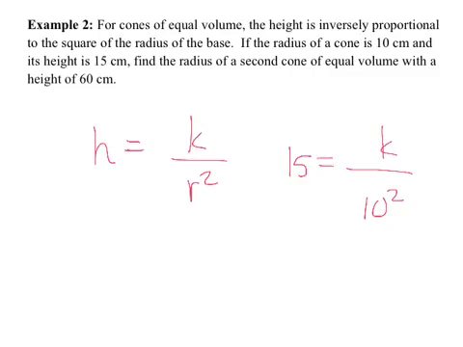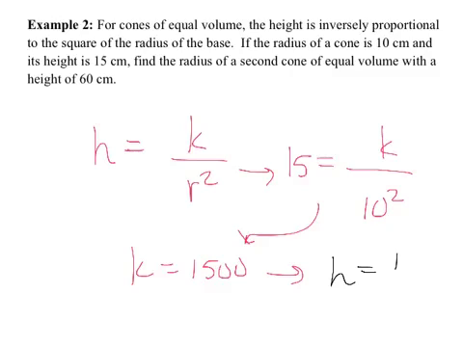So multiplying by 10 squared or multiplying by 100, we get k equals 1500. So if k equals 1500, we can write our specific equation, h equals 1500 over r squared.